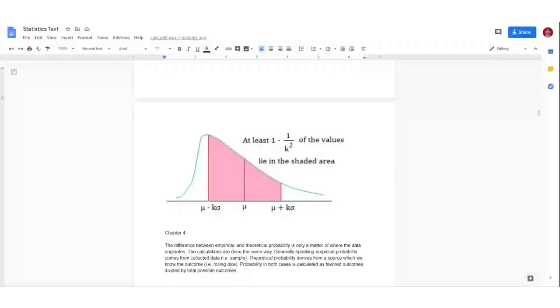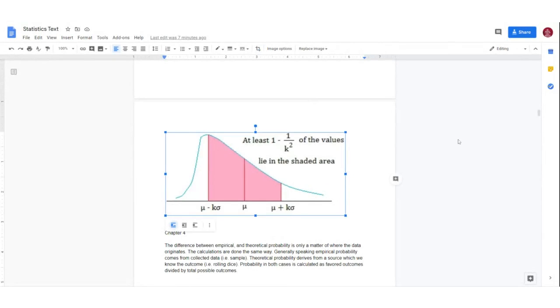So we can go back to that one that I showed you. It says at least. So that right there, at least, is how you know it deals with Chebyshev.